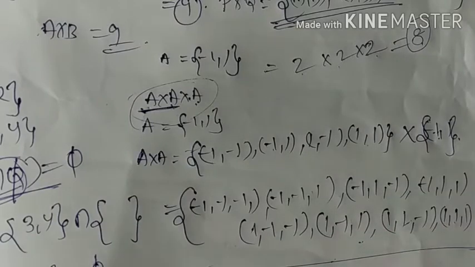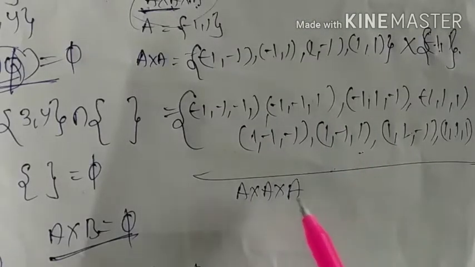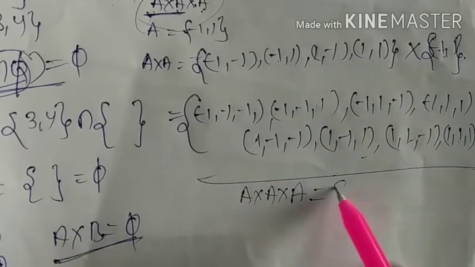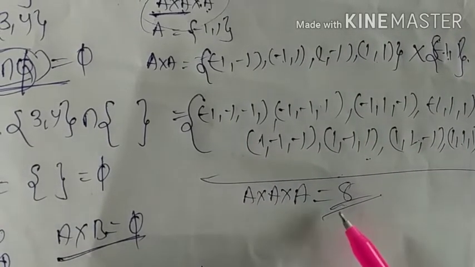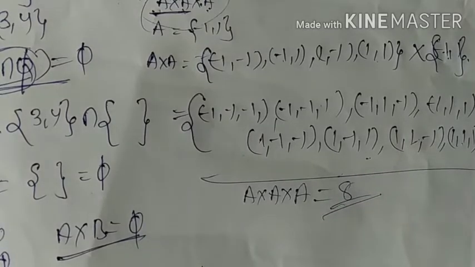So A cross A cross A contains 8 elements only. In this way you have to find the Cartesian product of 3 sets.